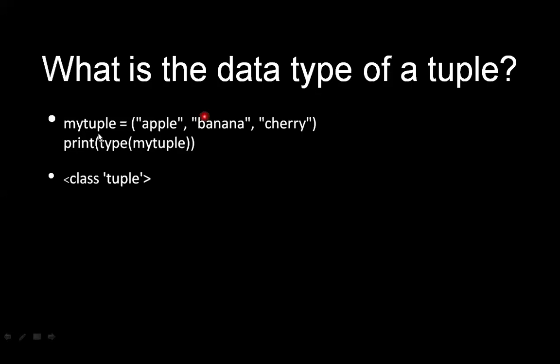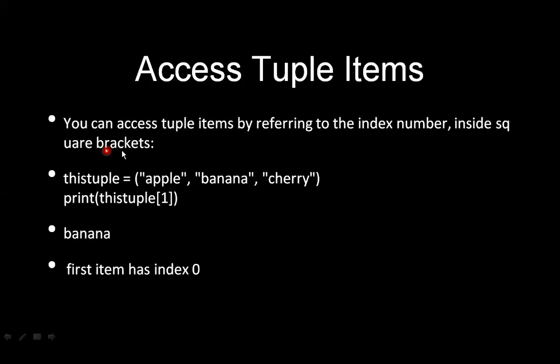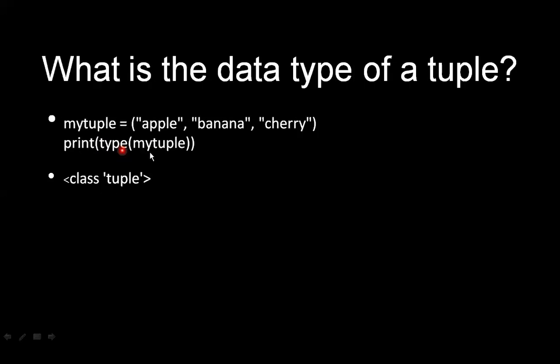For that you will use type, and then in brackets you specify the name of the tuple. Here the name of the tuple I have specified is my tuple. So type, and then in brackets my tuple. So what will be the output?